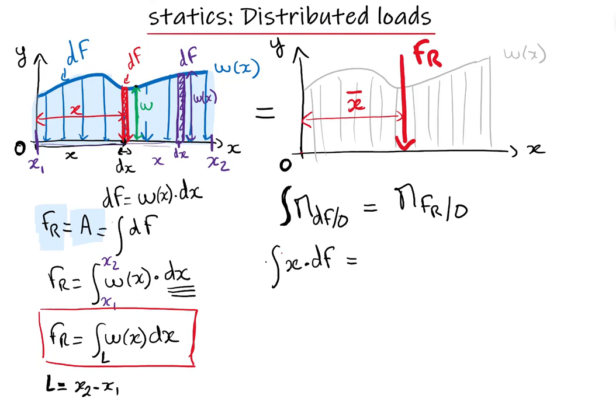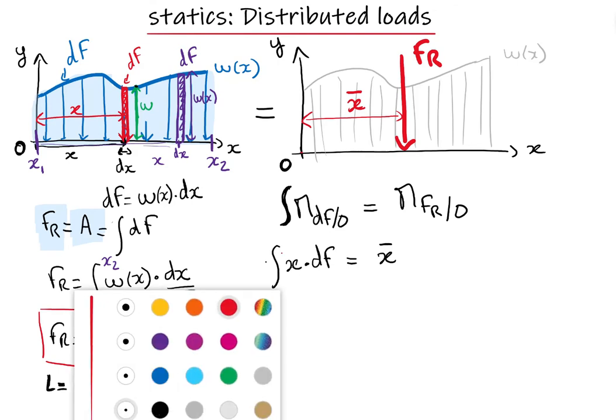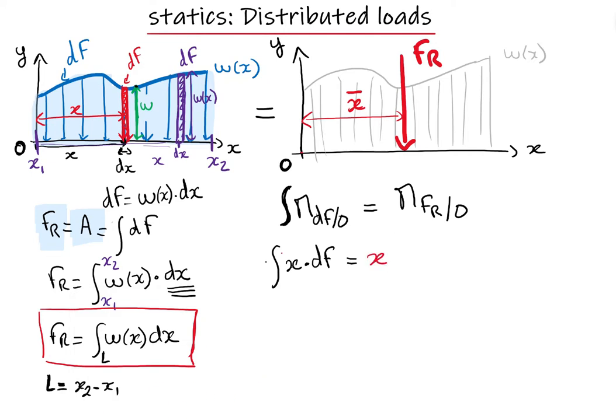And on the right, the moment created by the force FR is the distance x bar. And let me write it in red because we don't know it. That's what we are looking for. That's our unknown: x bar times the force FR, the resultant force. So let's write it better on the left.